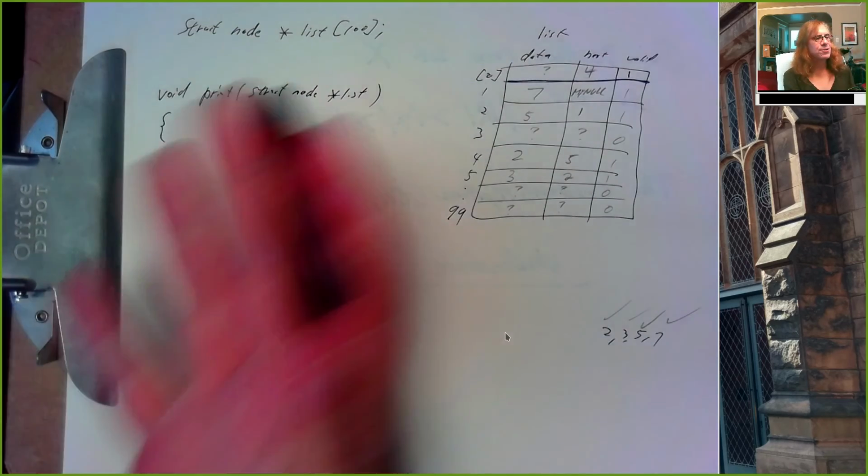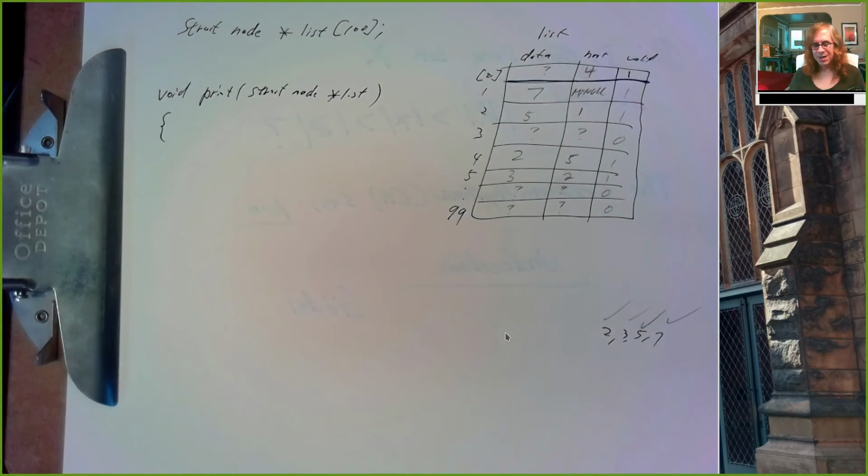It takes an array. I'm just going to call it list in here also, but it doesn't have to be the same name. But I feel like using the word list today.